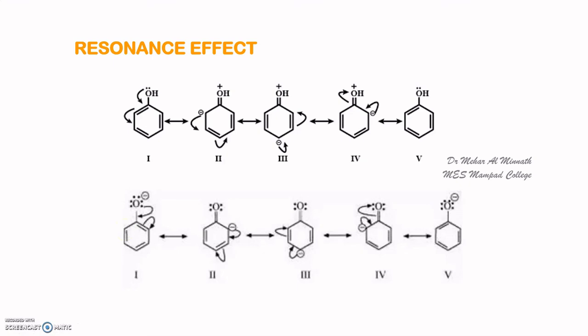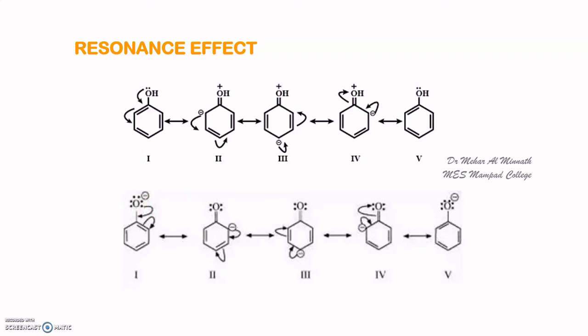So the delocalization of the lone pair of electrons on oxygen in phenol results in the formation of a positive charge on the oxygen, and the proton is easily released. When the proton is released, a resonance stabilized phenoxide ion is formed, which increases the acidity of phenol.